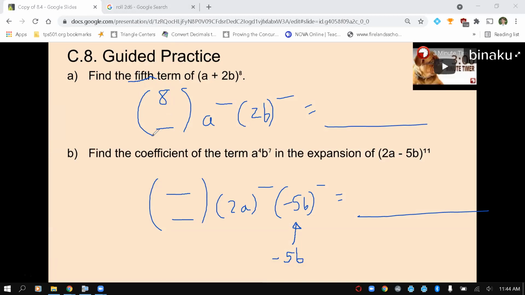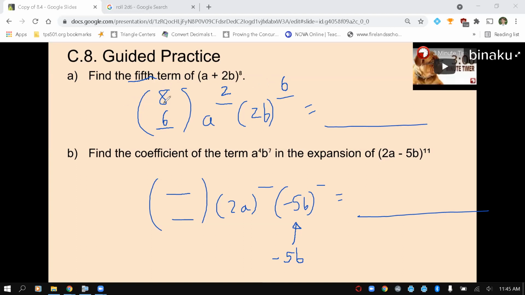Add 1 to it, 6. If this number is 6, Mason, what's this number? Which means what does A have to be to the power of? How about 2? Because 2 and 6 add together to make 8.